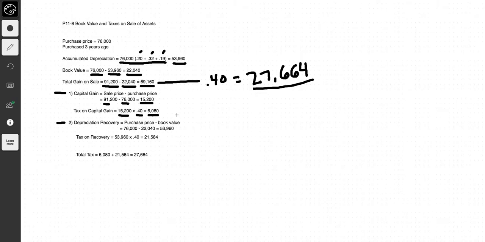So the second gain that we have is what's called depreciation recovery. It sounds a lot more complicated than it is, but it's really just the other part of the gain.